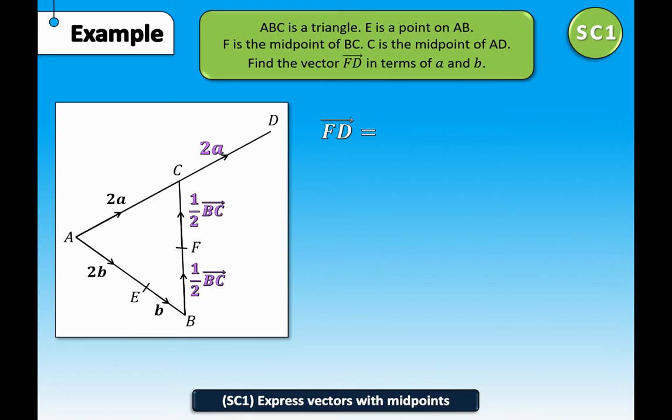So if we want to go from F to D, we can go from F to C, and then from C to D. So F to C is 1/2 of BC, and C to D is 2a. So we need to work out what B to C is.